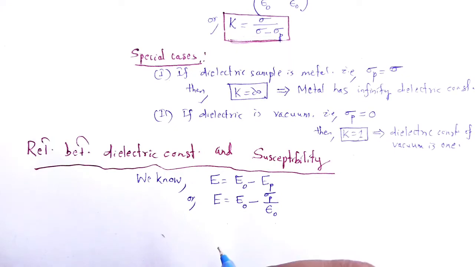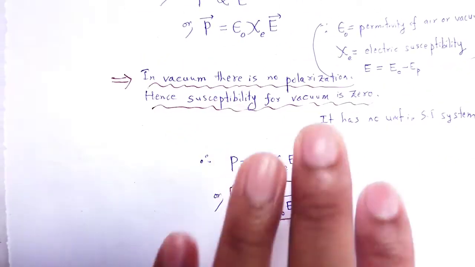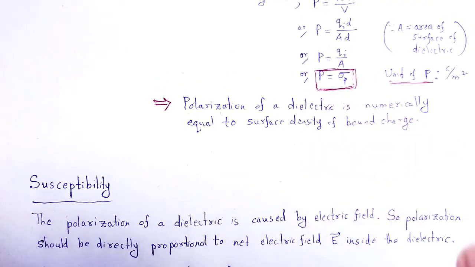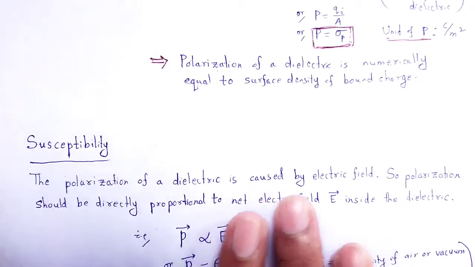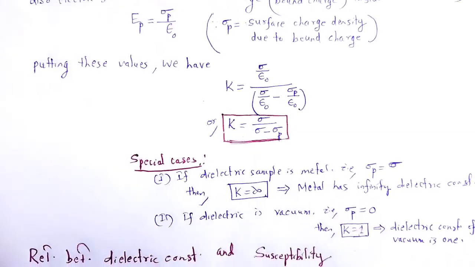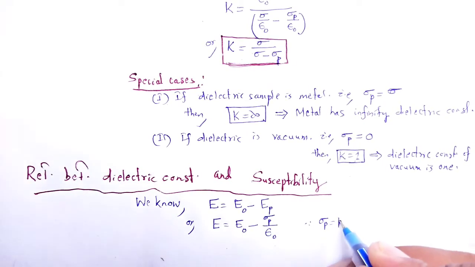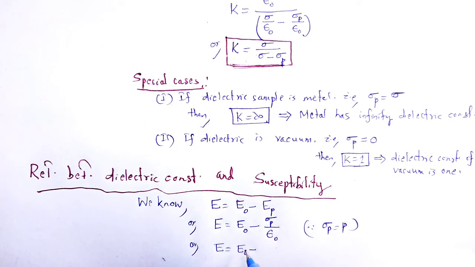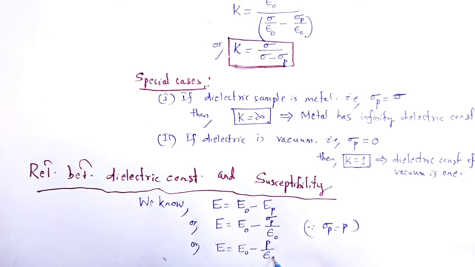Remember a point we discussed in the concept of polarization vector: sigma P is equal to the polarization vector P. So we replace sigma P with P. Therefore, E is equal to E naught minus P divided by epsilon naught.